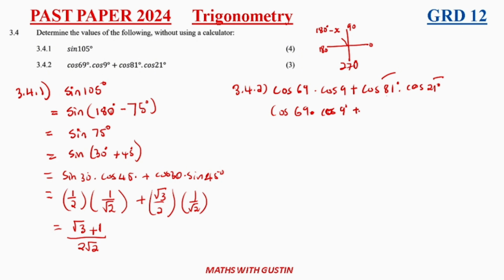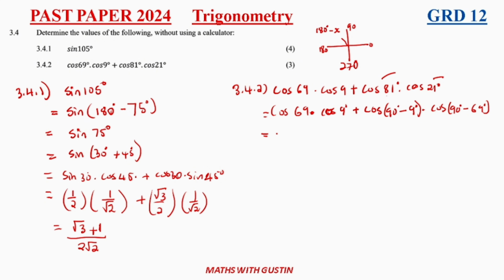I already see we've got a 9 this side. You can come here and say cos of 90 minus 9, because now when you go backwards, this will be equal to that. Then here cos of 90 minus 69, it will definitely give you that. All right, there you go.